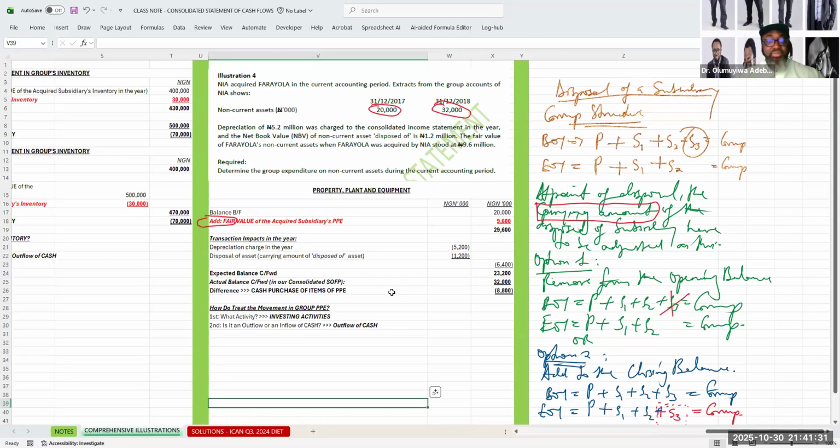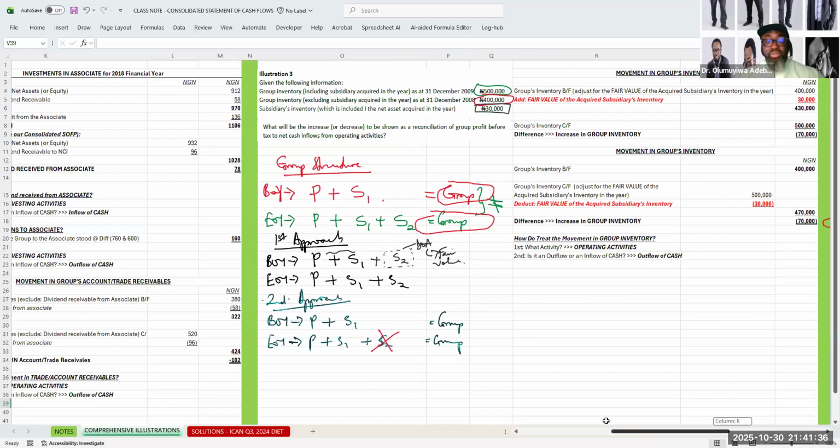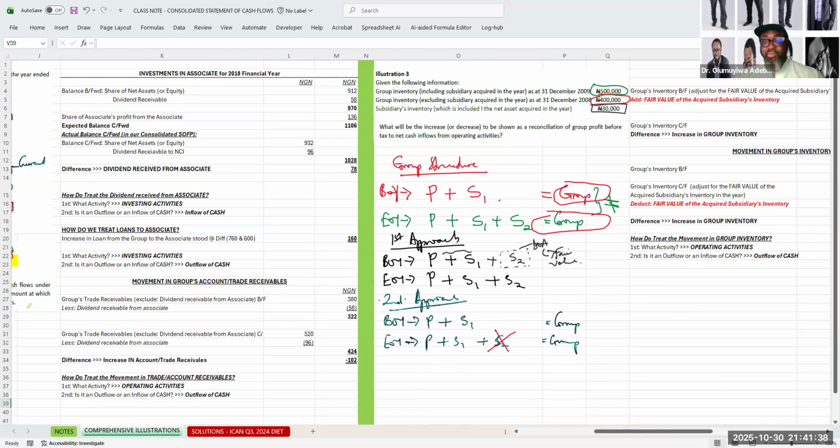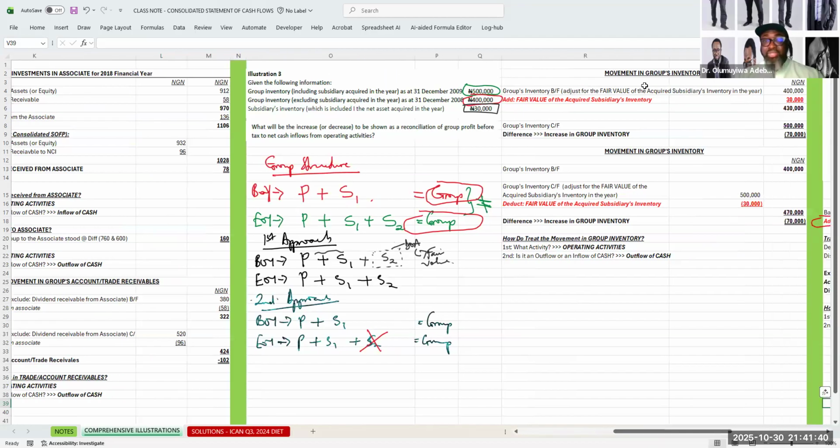But if you remember this concept we discussed yesterday, when we dealt with addition, and that particular example was even on inventory. We started the year with P and S1, that is parent and one subsidiary. But we ended the year with P, S1, and S2. The two are not comparable because two entities at the beginning, three entities at the end.